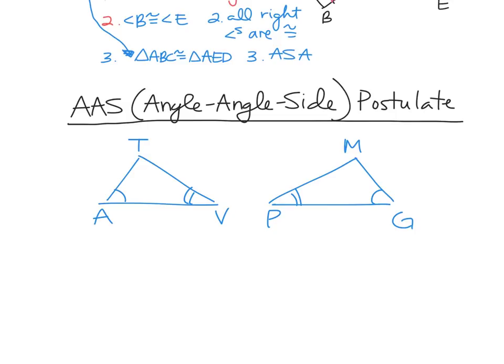If I mark AT, it would have to correspond to the one that's touching the single arc over here, right? Because this is single arc on the left, so single arc on the right is touching MG. So that would be AAS. So make sure you're just making them be the corresponding sides and corresponding angles. So we would say here triangle ATV is congruent to which triangle?